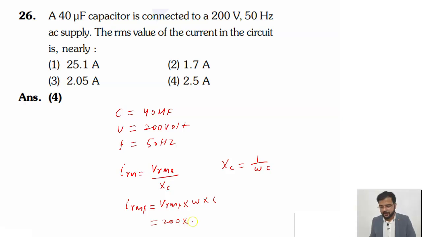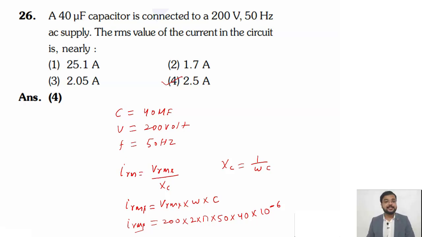Omega is 2 pi f, 2 into pi into f, and f is 50 Hz. And this is the C, capacitance, 40 microfarad. So micro we have to convert into farad, so it will be 10 raised to minus 6. So IRMS can be written like that. After solving all these things, this equation, you will get option number 4.